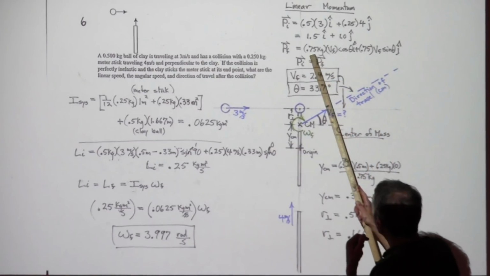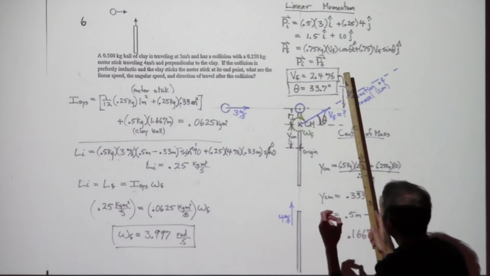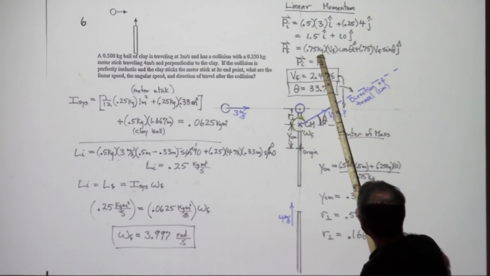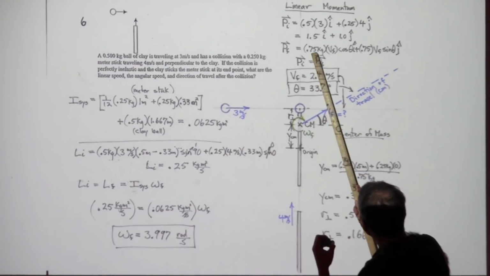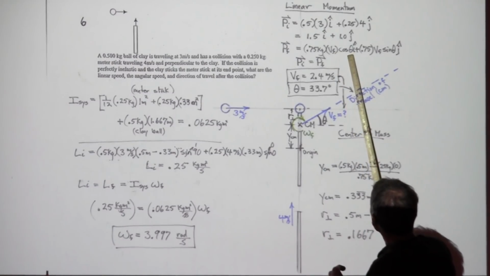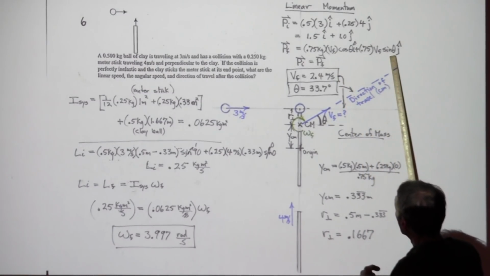Okay, now the final momentum is going to be these two things stuck together. The 0.5 and the 0.25 is going to be 0.75, the clay ball and the meter stick collectively, times the final velocity. There's going to be something in the I hat direction as well as in the J hat direction.